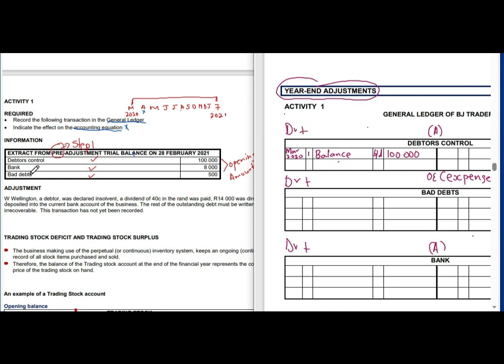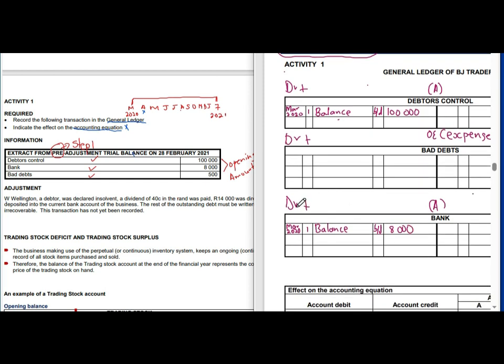Then we have the bank, with 8,000, which is favorable, which is positive, so it is recorded under our debit side. We write March 2020, the 1st, our opening balance, which is the balance brought down, of 8,000.